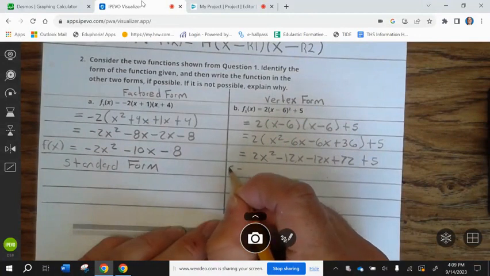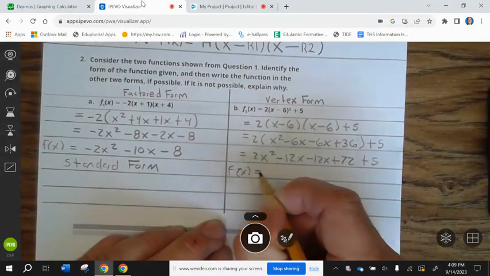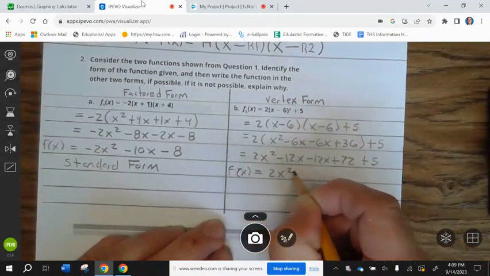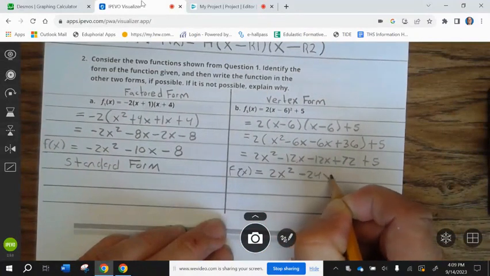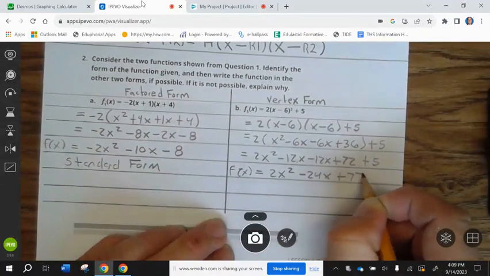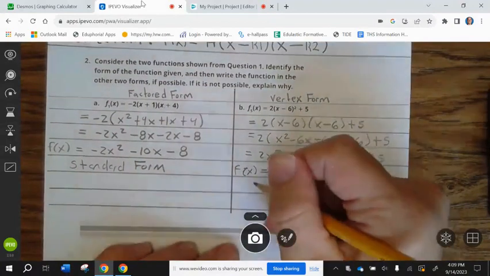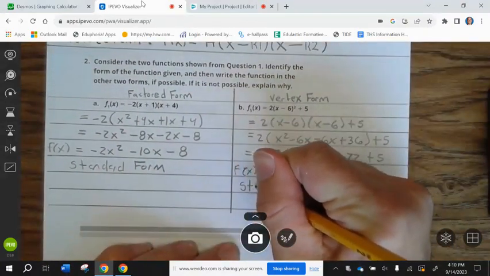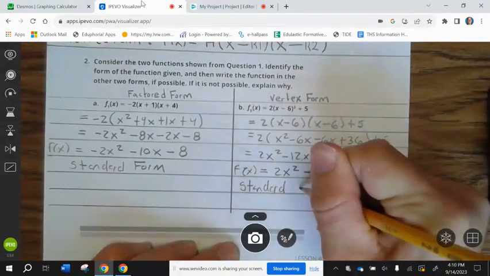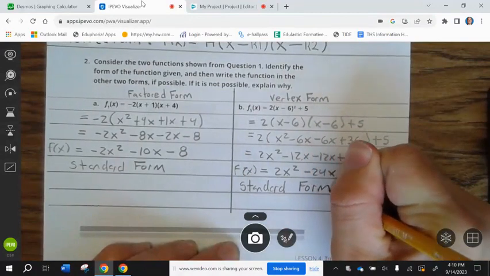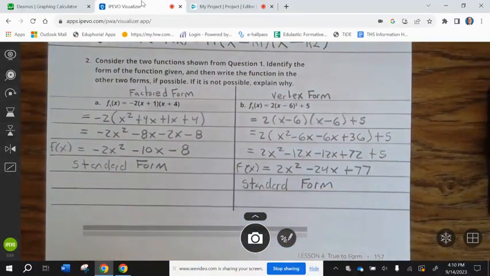So f of x equals 2x squared minus 24x plus 77. And again, there's standard form. All right, go ahead and finish that up.